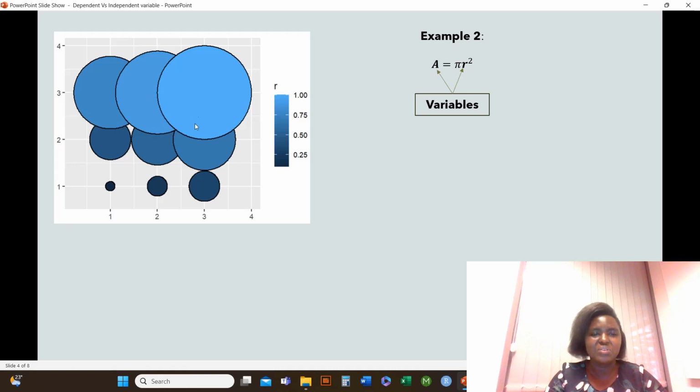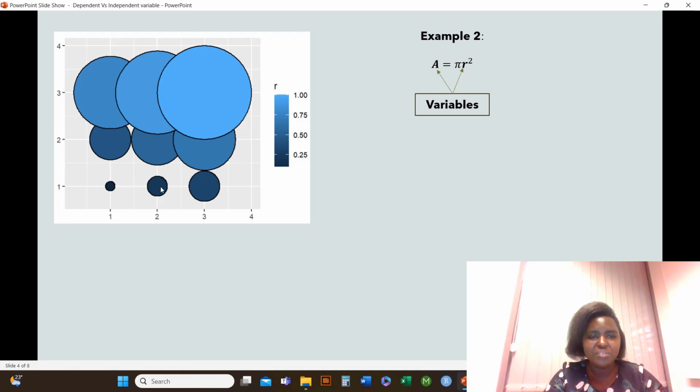If you look at this picture, the radius of this small circle is totally different from the radius of this big circle. For instance, this big circle is centered at point 3, and the radius goes from 3 to 4, so the radius is equal to 1.